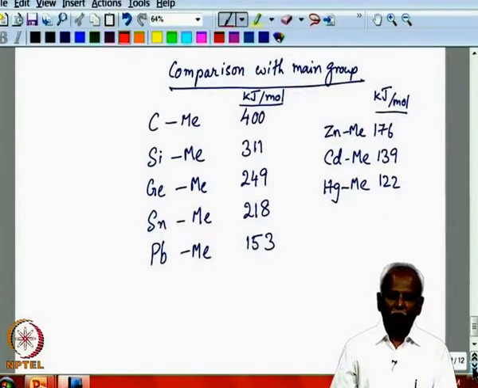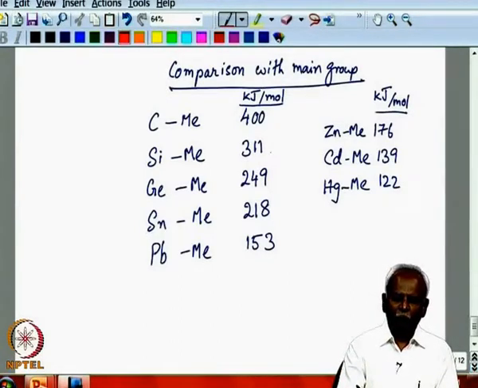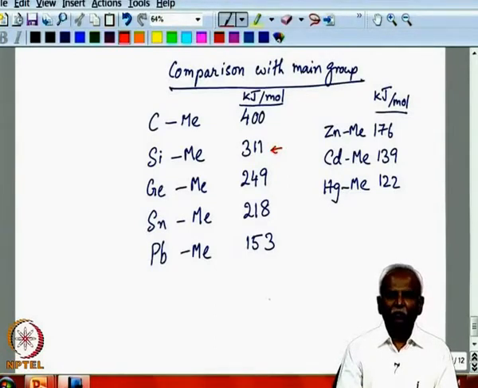If you take the silicon methyl bond, it is about 300 kilojoules per mole, and if you make the corresponding germanium methyl bond, it goes down to 249 kilojoules per mole.